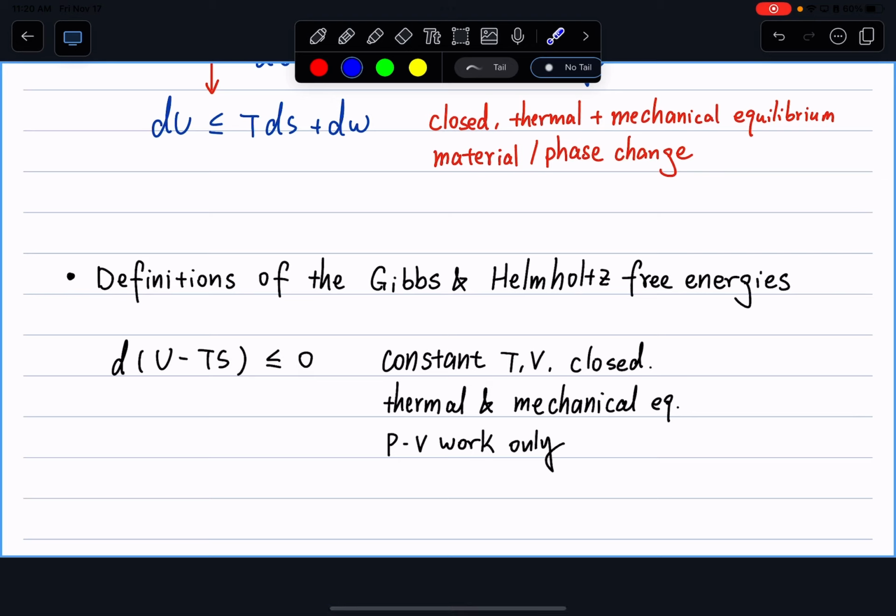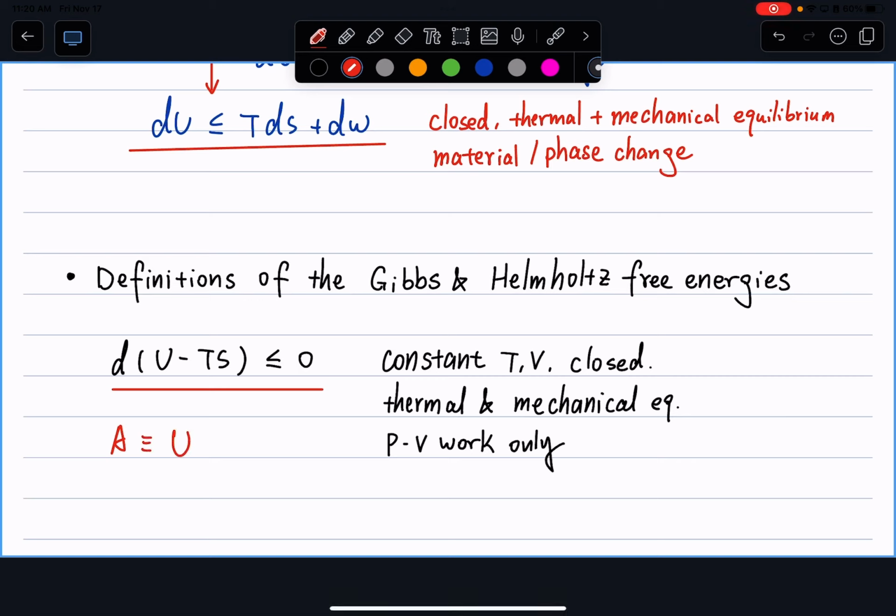This equation is being derived using the same one. And from here, we have A equals U minus TS.